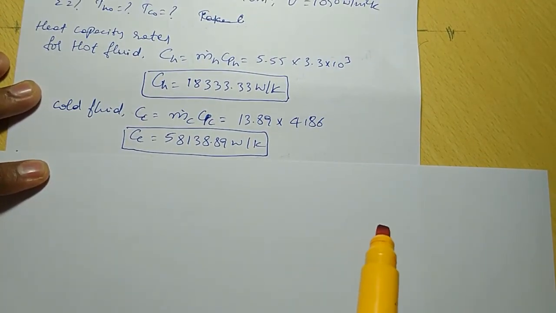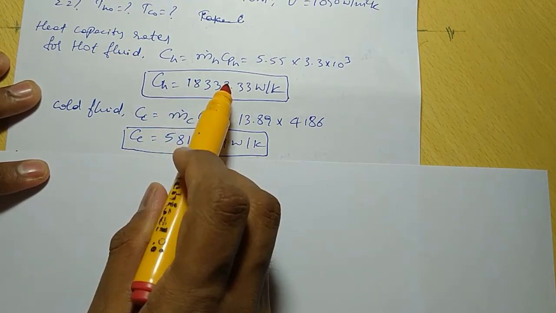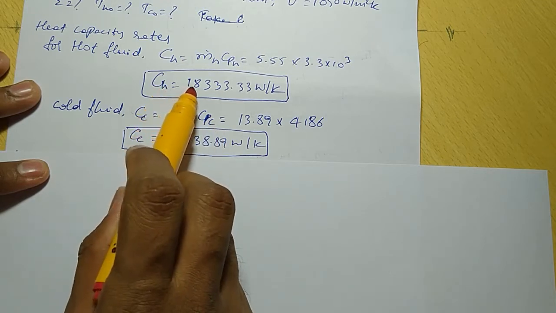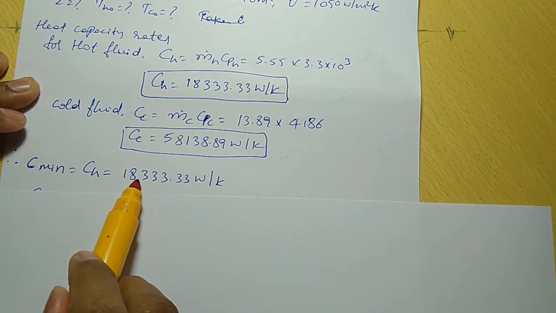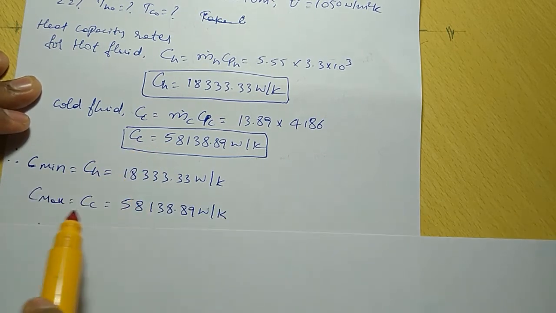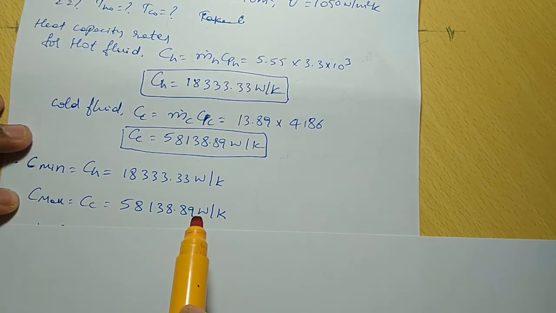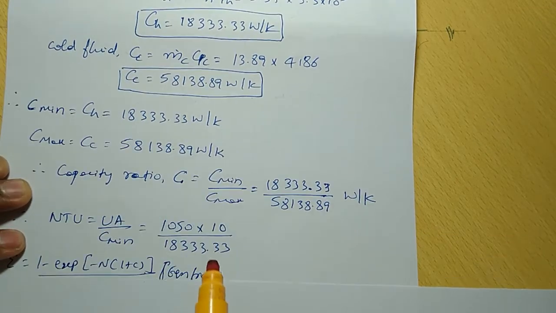Now check which one is the minimum. 18,333 is minimum or 58,138, which one is minimum? CH is the minimum. So C min is equal to CH, 18,333, and C max becomes CC. Write this one. Now you know the C min and C max, and you can find out the capacity ratio C. Find out what the C value is.